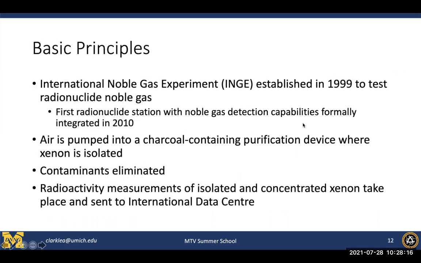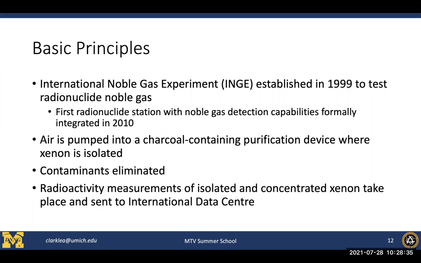And the way that the detection systems work is there are some basic principles. There was a test done in 1999, the International Noble Gas Experiment, to determine the best way to make these detection systems.